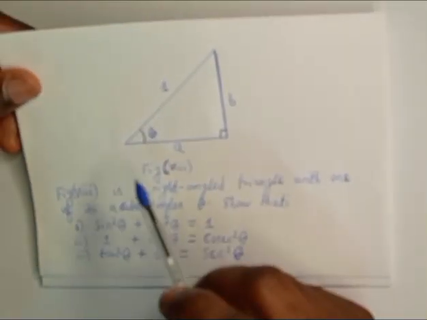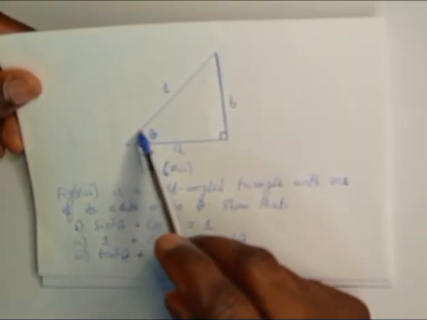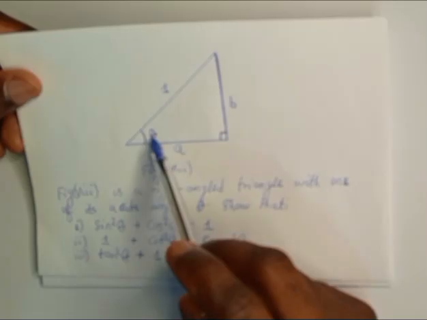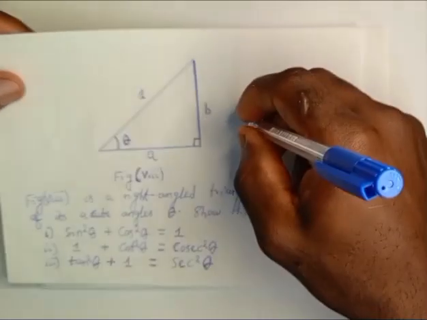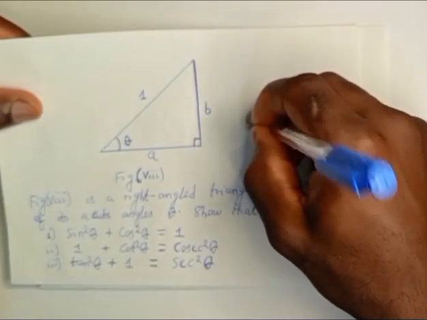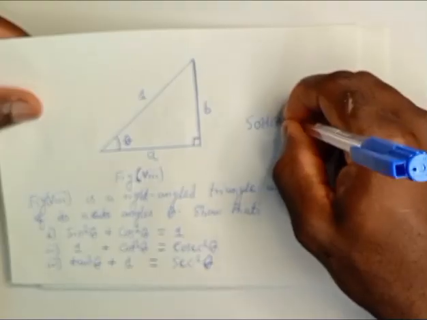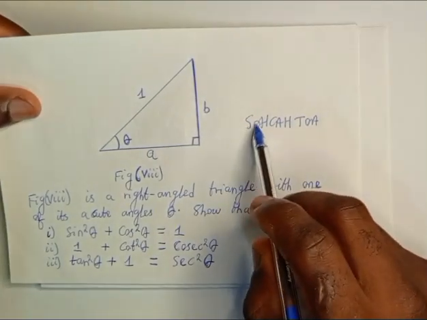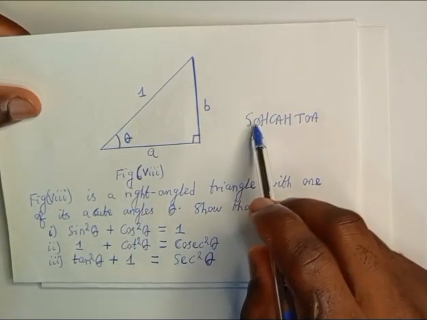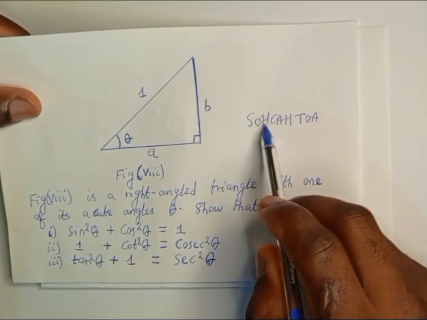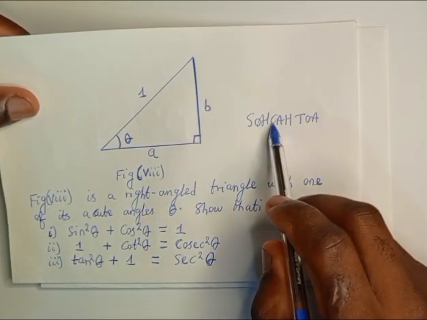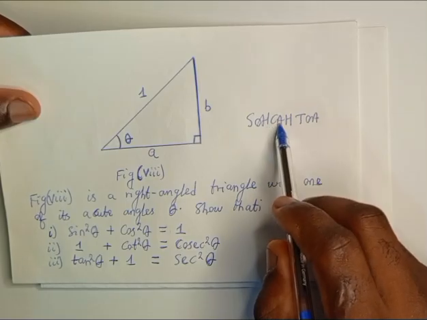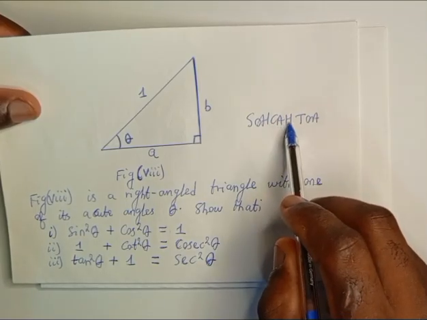Next, we can write down the trigonometry ratios of the acute angle theta. The sine of the acute angle theta is given by the opposite over the hypotenuse. The cos of the acute angle theta is given by the adjacent over the hypotenuse.